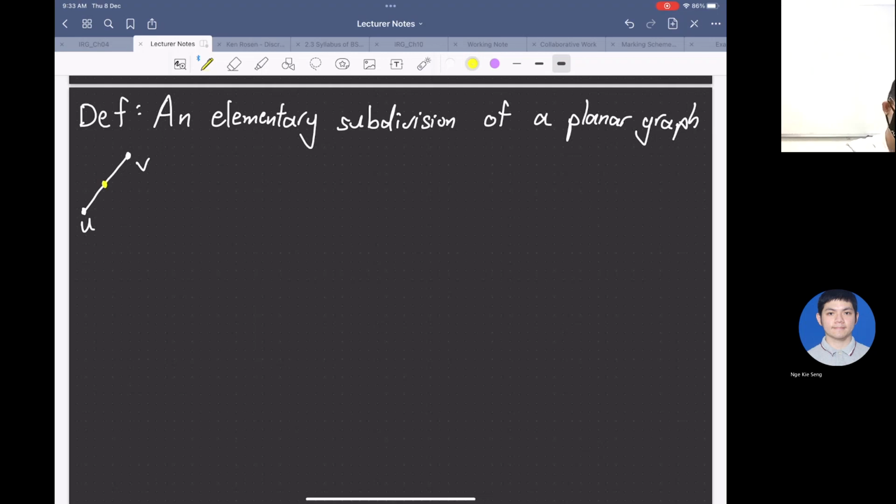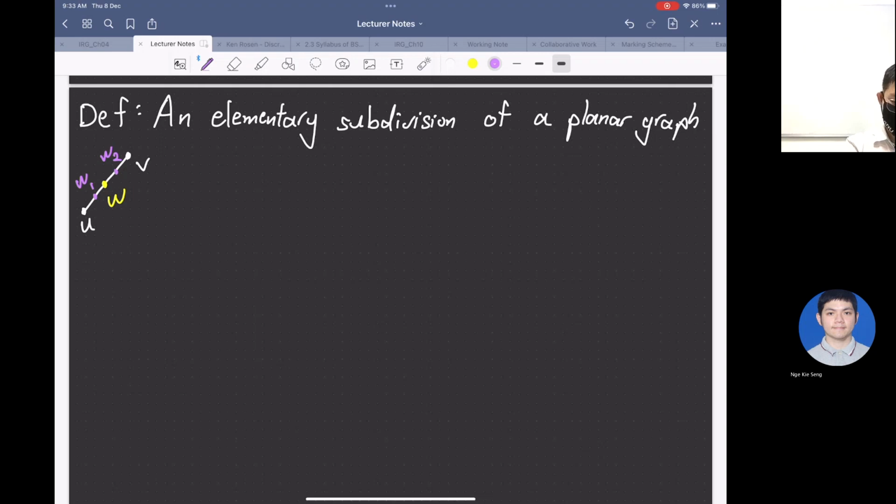So you can put another vertex in between U and V. You cut this edge into half, and then you can keep going on. You can cut this edge further, no matter how many times you want. So this is the elementary subdivision.